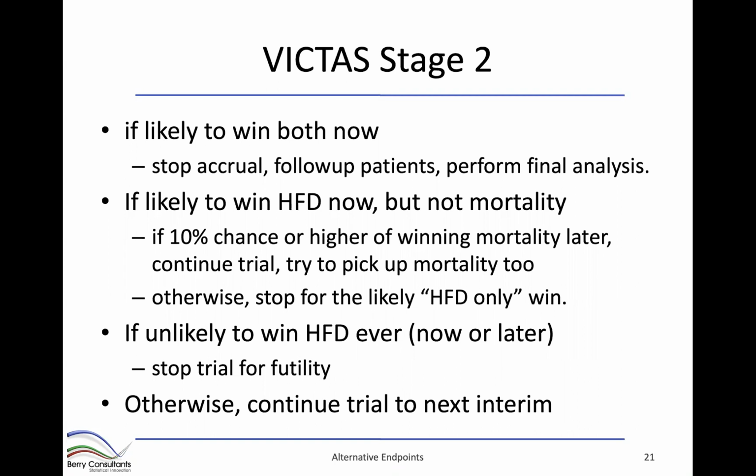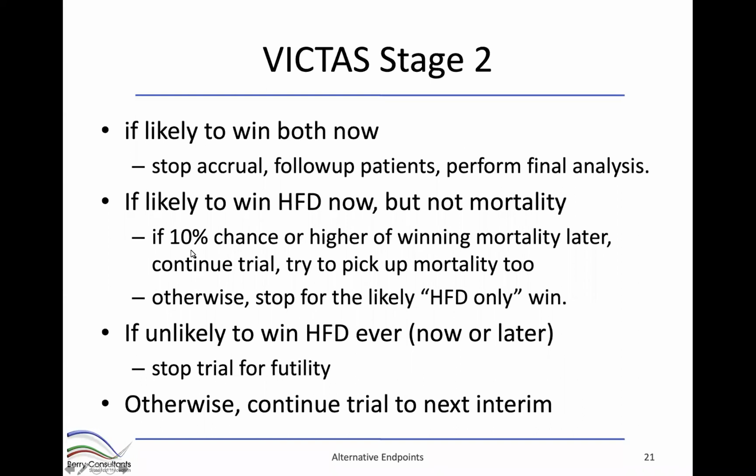So in effect, I'll bypass this pressor and ventilator free days win, and I'll try to pick up mortality. This was done to provide as informative an answer as possible. And the rule didn't take a high chance. If there was a 10% chance or higher of winning mortality later, then you'd continue the trial and try to pick up mortality as well. In order to have that 10% chance or higher, you did need to be seeing a positive mortality effect.